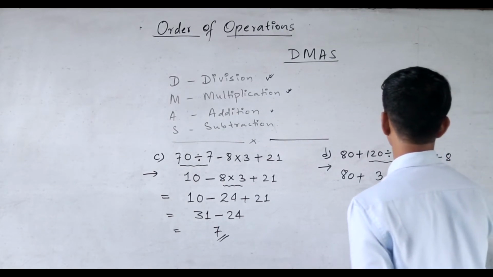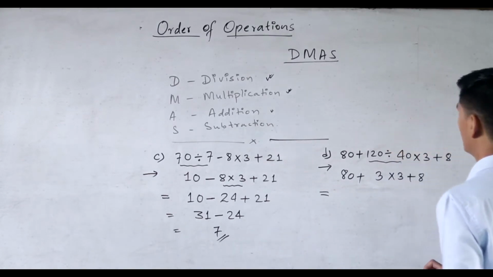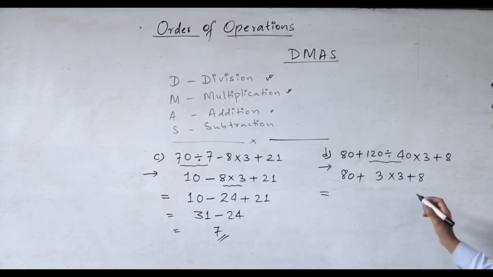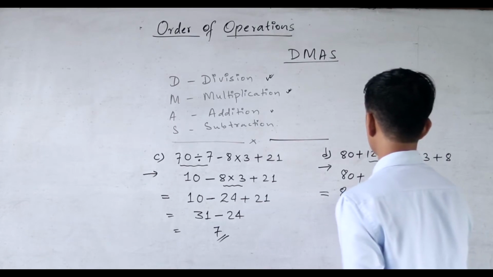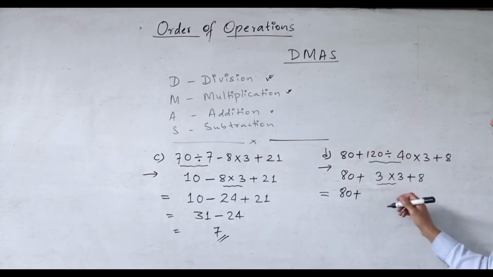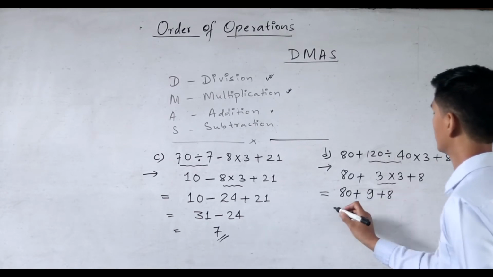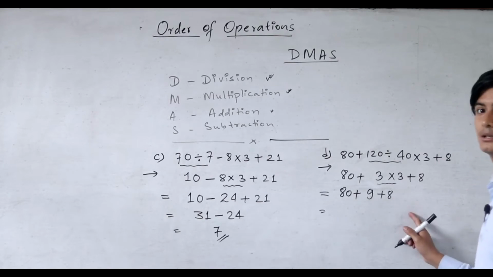Now multiply 3 into 8. Here what do we have to do? We have to do multiplication. So search for multiplication, it is here, so keep 80 as it is, plus 3 into 9 plus 8. Now addition, right? All the numbers are in addition.